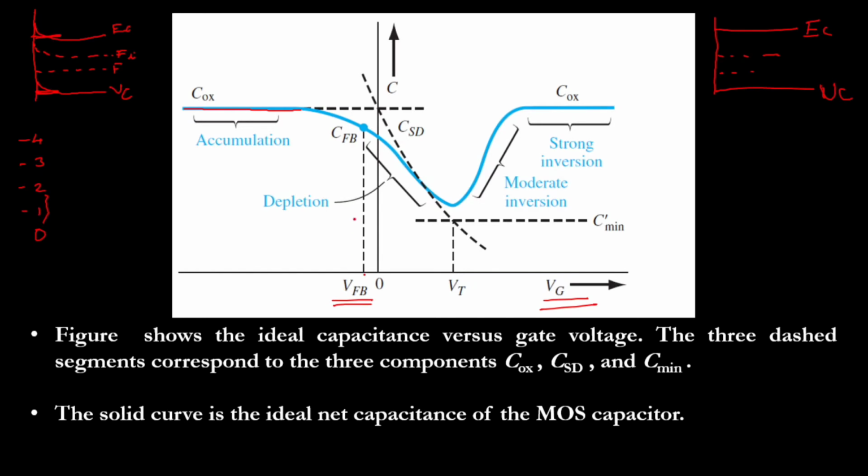Now the negative voltage is reduced, I reach 0, and what is going to happen to the capacitance value? The capacitance value is going to reduce as on reducing the negative voltage, and now I reach a positive 1 volt. What will happen? The capacitance is again going to reduce because the depletion region is created, and if I increase the positive voltage, the depletion width becomes wider.